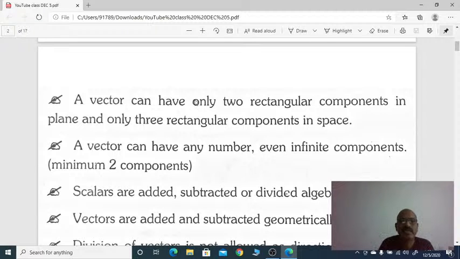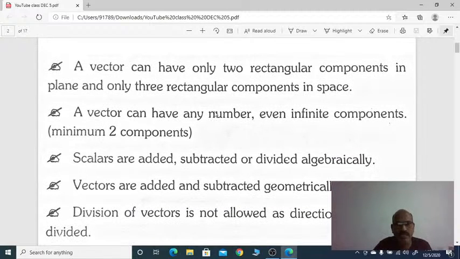First, a vector can have two rectangular components in a plane, as a plane is two dimensional, and in space it will have three rectangular components, right? A vector can have any number of components, even infinite, minimum 2 components.